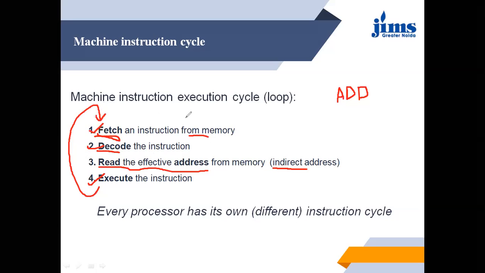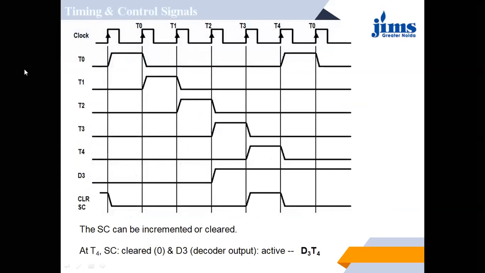By reading, executing, and working on the first instruction, it reads the second, after that the third one, and so on. So this is most important: fetch, decode, read, and execute. These are the instruction cycle.